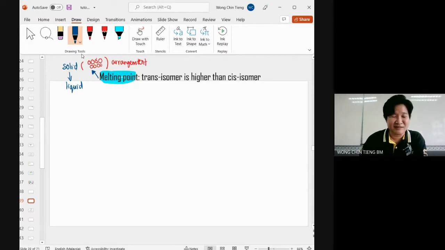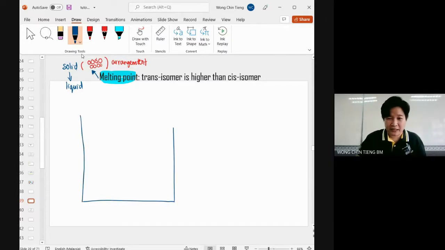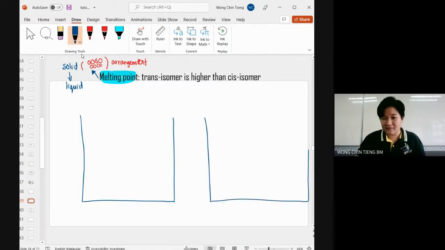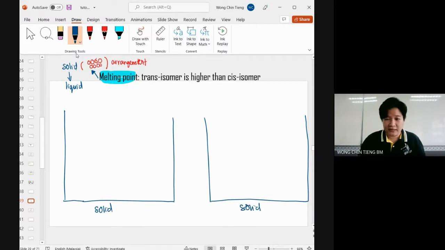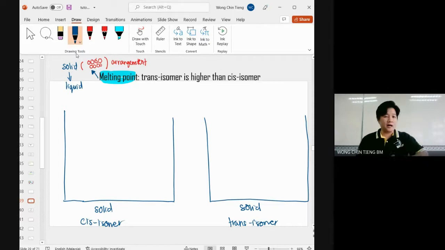Melting point, solid. Okay. Same thing. We are going to look at the arrangement. I have a beaker. I have another beaker for my trans. Just, I want to have a big beaker. So that is my solid. I will start off with our solid and the cis isomer and the trans isomer. So what are we going to have in the cis isomer? Saya tak payah lukis Br.